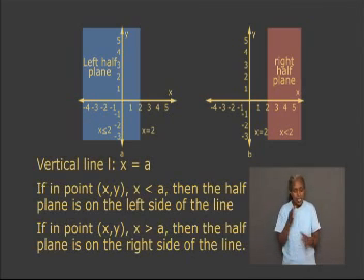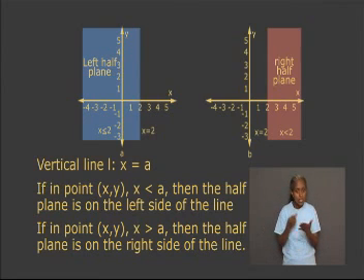If the line is vertical, meaning x equals a, then the plane is divided into left and right half-planes. If x is less than the value of a, then the point is to the left of the line.